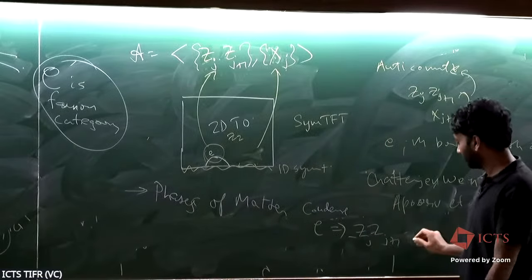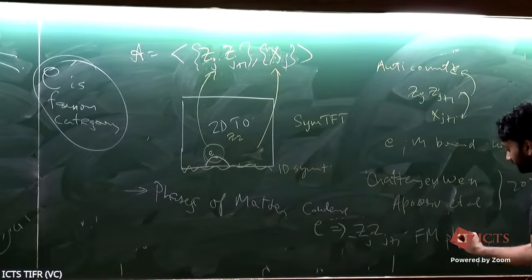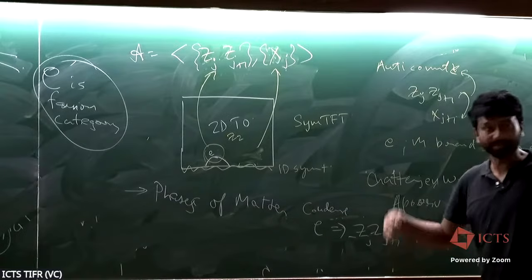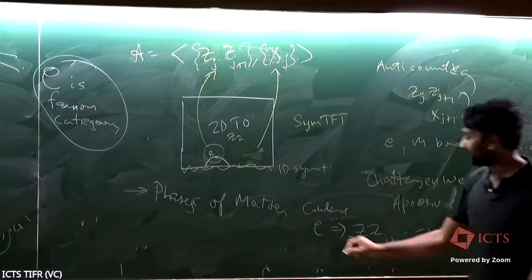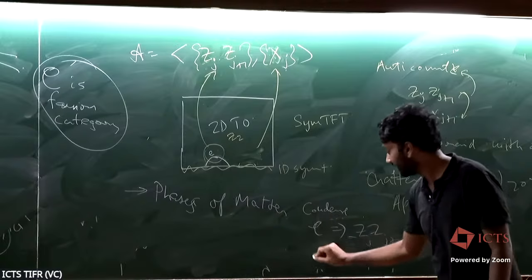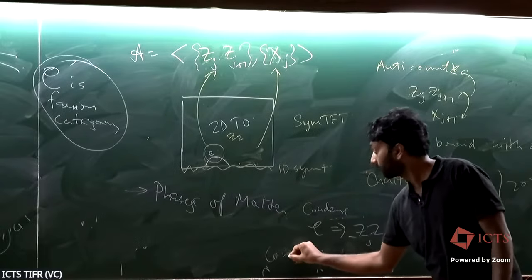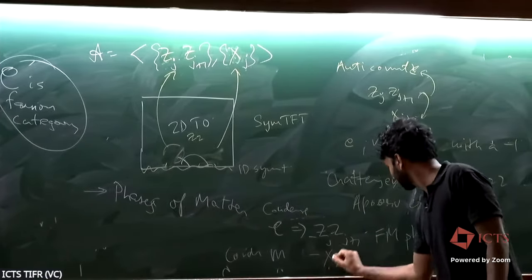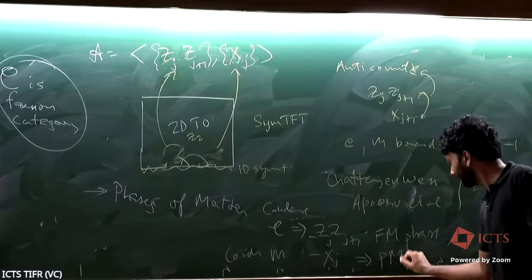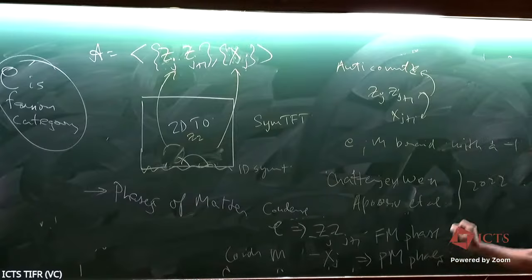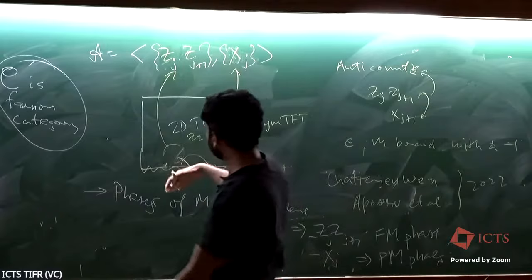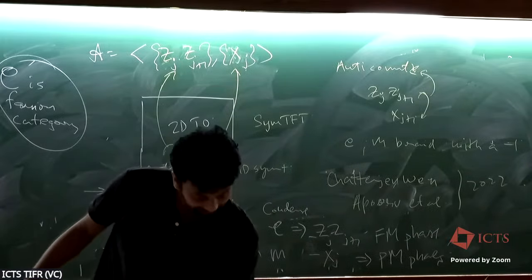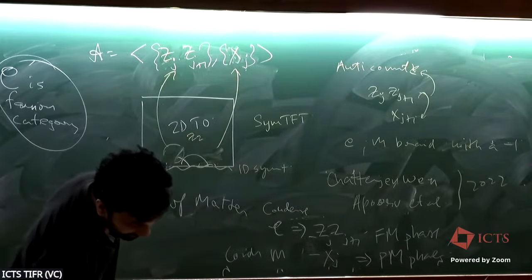That is like the ferromagnetic phase of the Ising model, or of Z2 symmetric systems. On the other hand, if I condense an M anyon, I'm only allowed to put this other term here, and this is like the paramagnetic phase. Right? So just from these bond algebras and these correspondences, you can understand these phenomena.